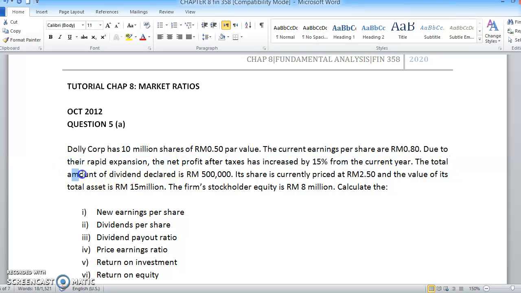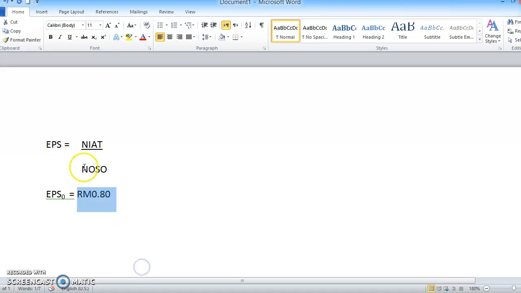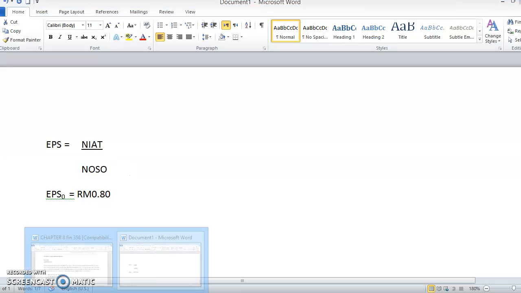If we read, the amount of dividend declared is 500,000, the market price of the share is RM 2.50, the total asset is RM 15 million and the firm's stockholders' equity amounted to RM 8 million. So what is the missing information here? Do you have this EPS? Yes. Do you have the number of stock outstanding?